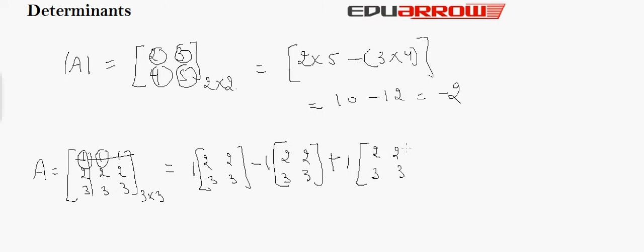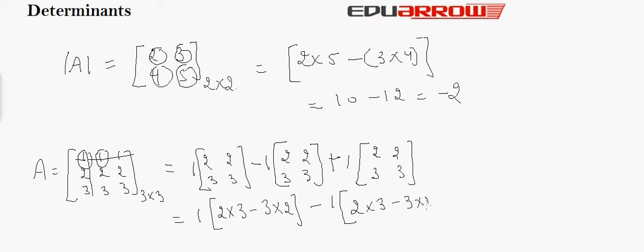Now we will solve this further. 1 into 2 into 3 minus 3 into 2, as we have already discussed how to solve a determinant of order 2. In the same way, we will solve this.